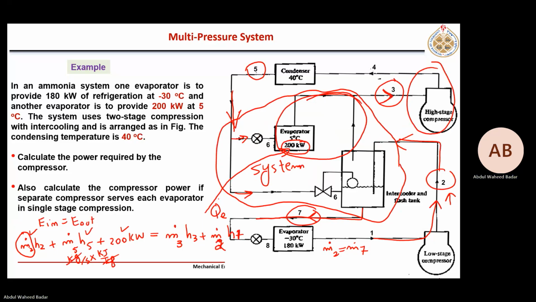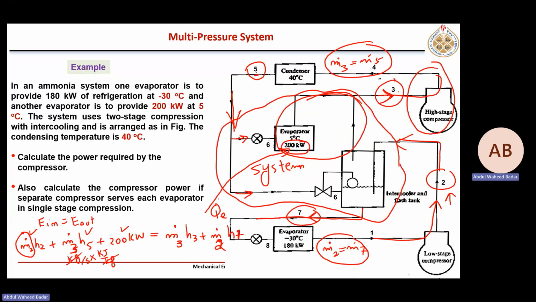Similarly, see here, m dot 3 is equal to m dot 5. This mass is finally reaching here at 0.5. After that, it divides. So this m dot 5, I can write it as m dot 3, because m dot 3 is equal to m dot 5 and m dot 2 is equal to m dot 7.